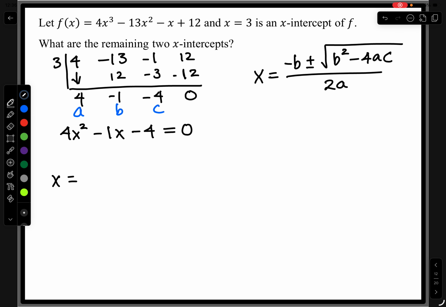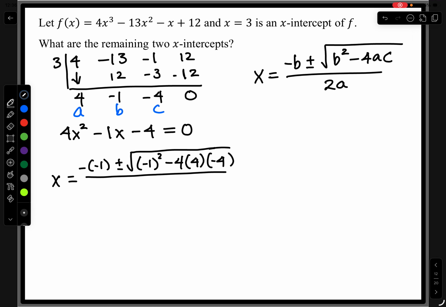And we have the negative of -1 plus and minus the square root of, again, that -1 to the second value minus 4 times the value of A and then times the value of C, and 2 times the value of A again.